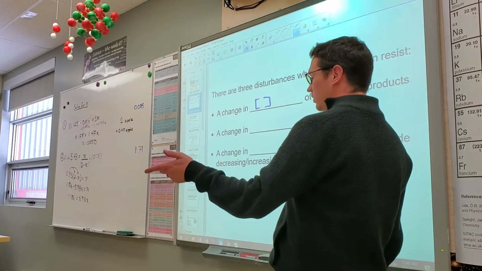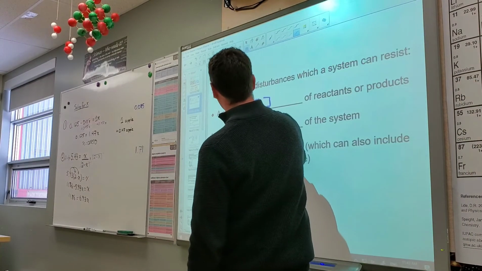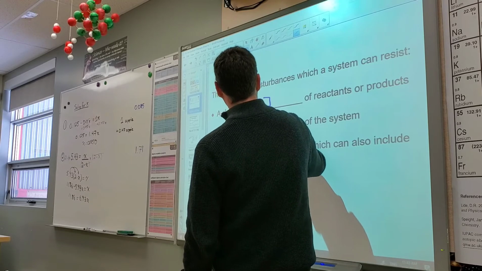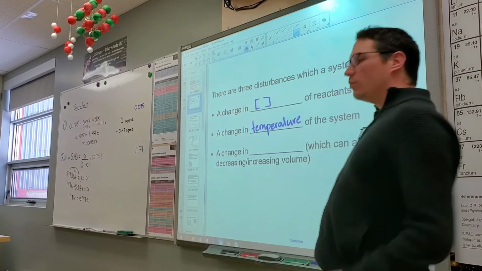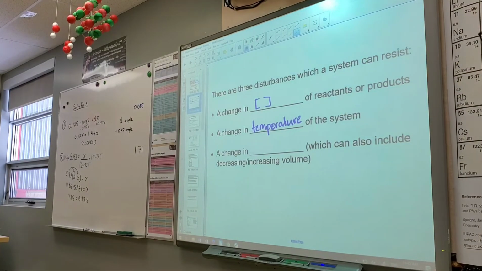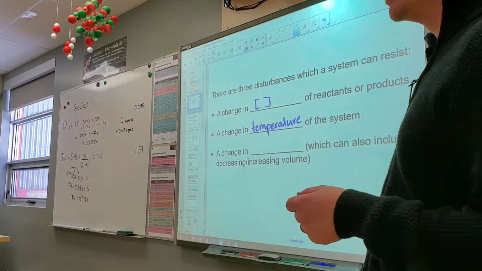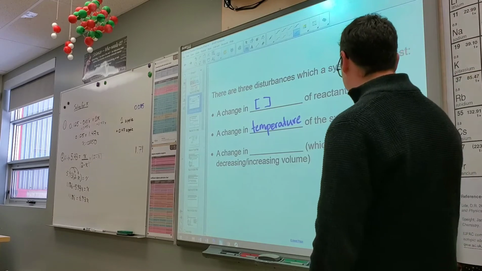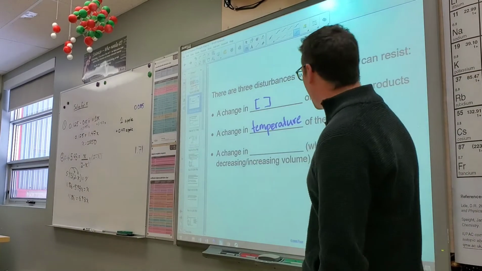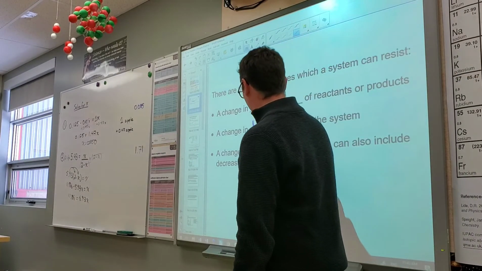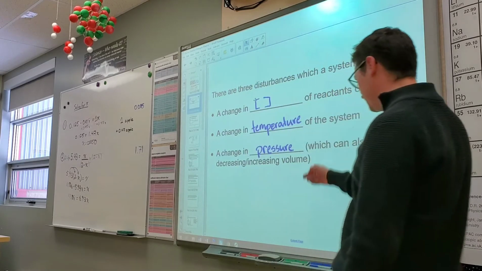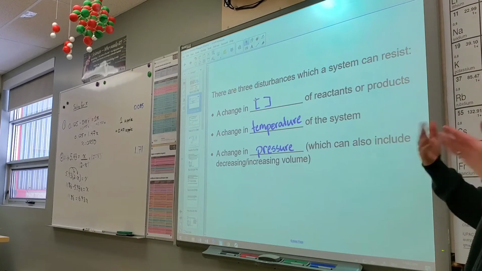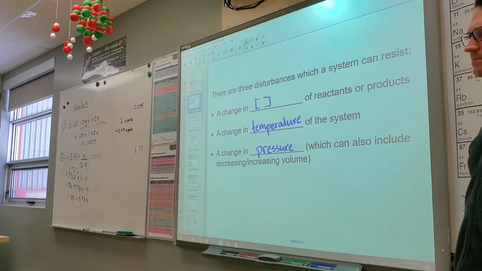We can also make a change in the temperature of the system. It will claw back to equilibrium, but not the same equilibrium it was before. We can also change the pressure inside of a container. Usually that's by changing the volume, right?